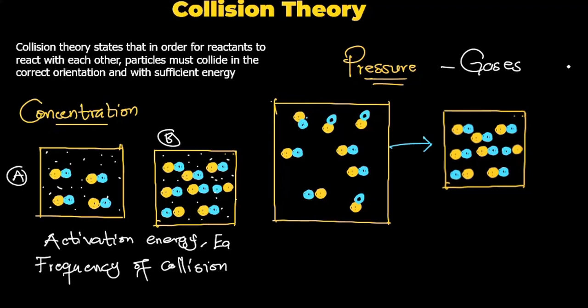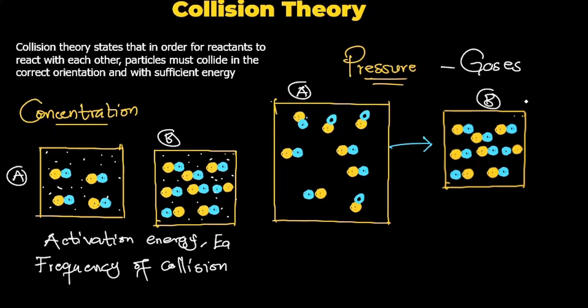Now, when we were looking at state of matter, we said one way to increase pressure is to reduce volume. So if you look at A compared to B, you realize that we have the same number of reactant particles in the system, but if we come to B, since the volume is reduced, we'll say that pressure has been increased.